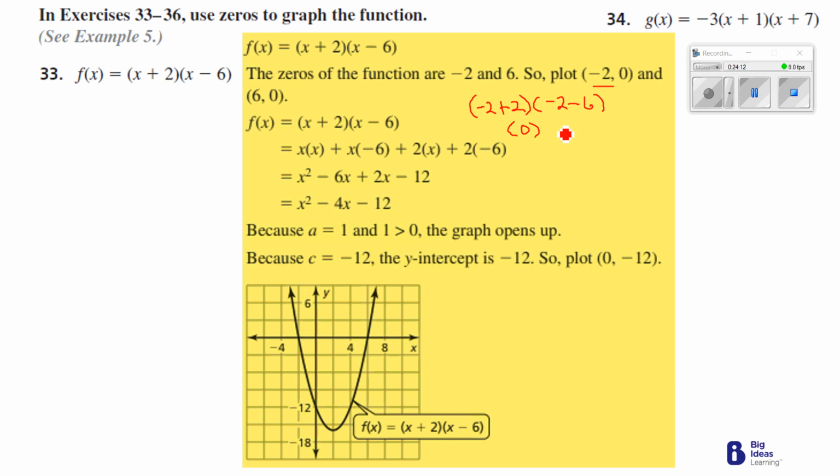And now it doesn't matter what this comes out to, right? Because anything times 0 equals 0. And that's where they got the 0 from, all right? Now they said, well, they've got f of x, and they factored out the x, okay?